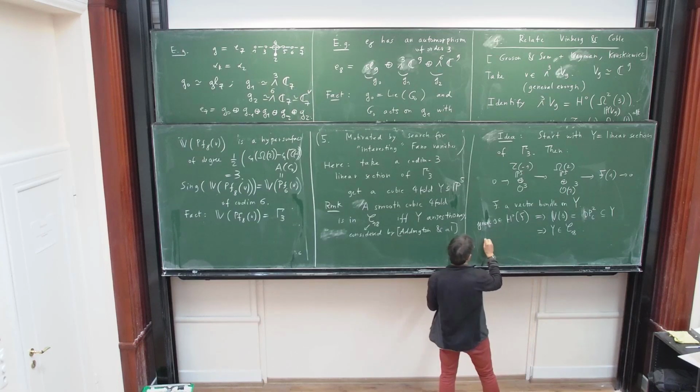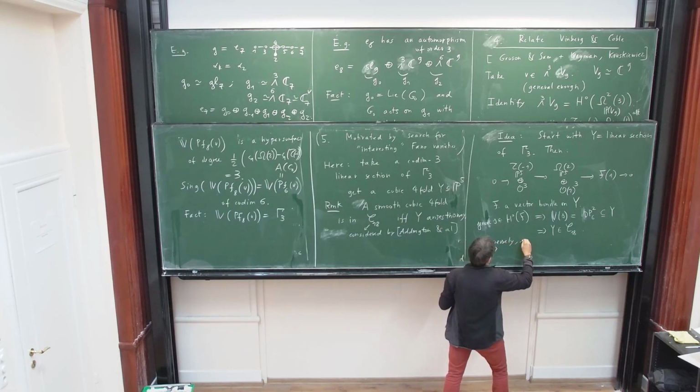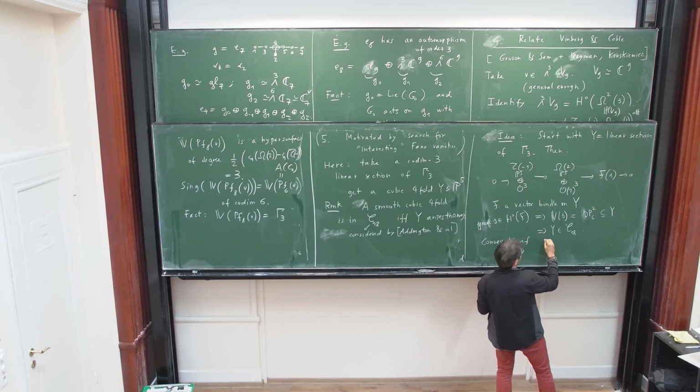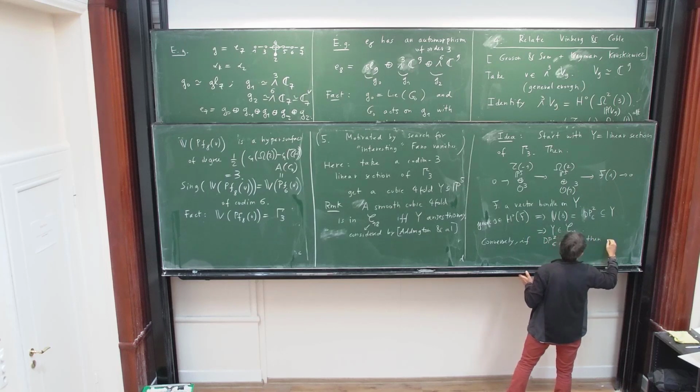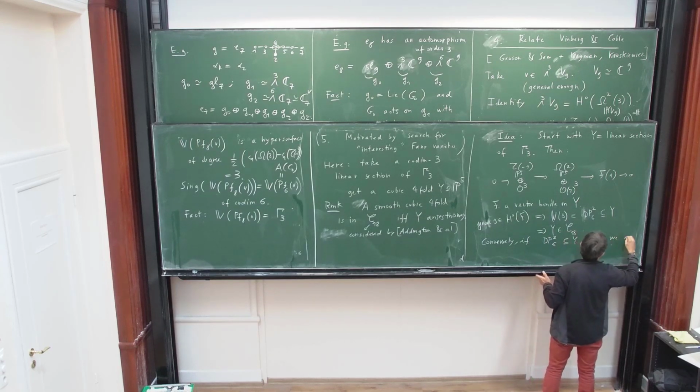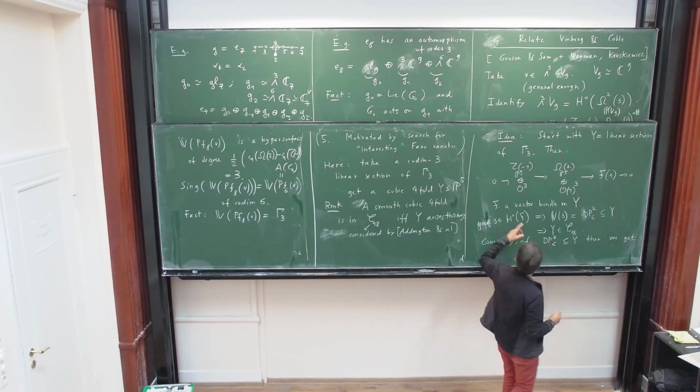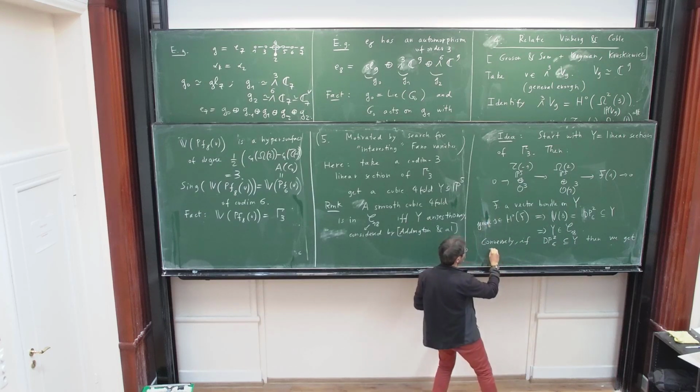And conversely, if Y is in C18, then Y contains such a del Pezzo surface of degree 6. Then we get a vector bundle F by the Serre construction.